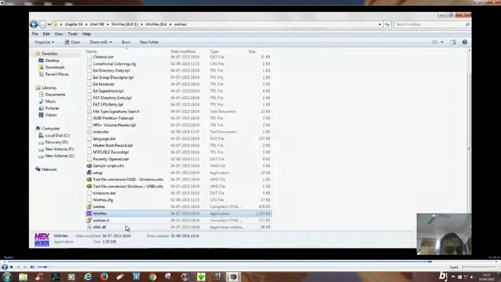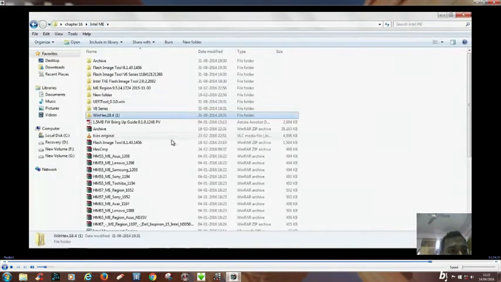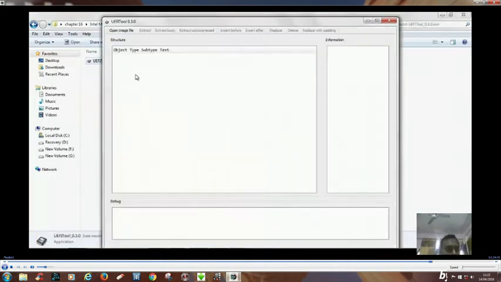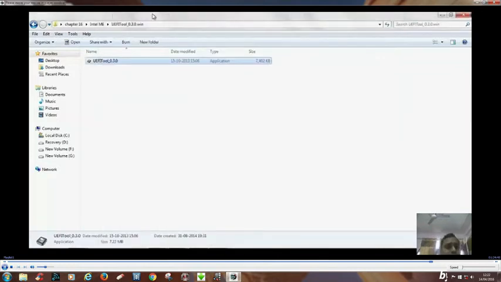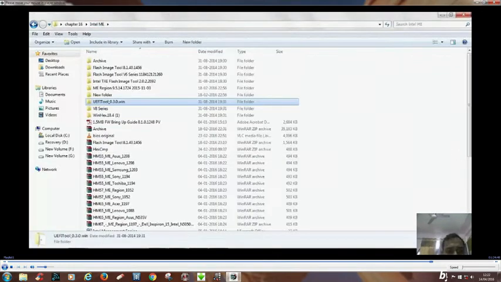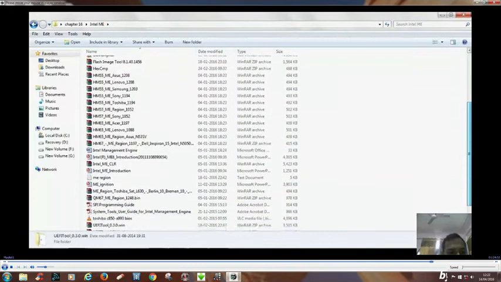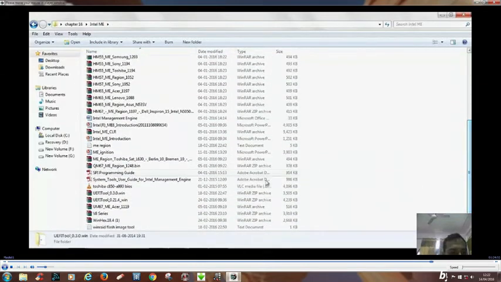And the next software that you would require for editing the AMI region is UEFI tool. This UEFI tool is very important, and why it is important is that suppose you have a backup of a BIOS chip. I have a backup of a Toshiba C850 BIOS chip.